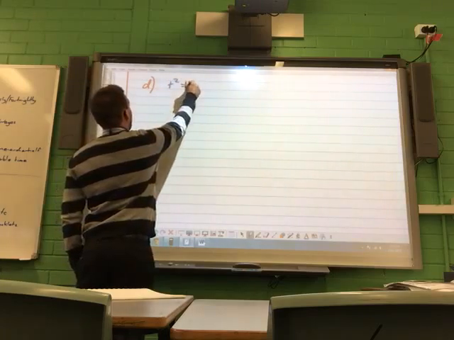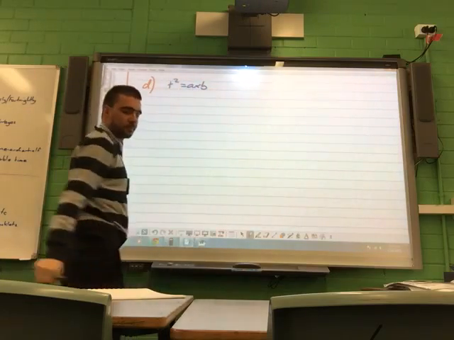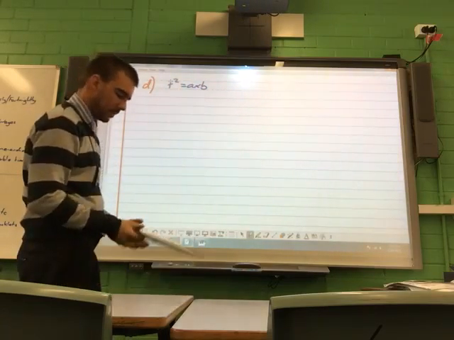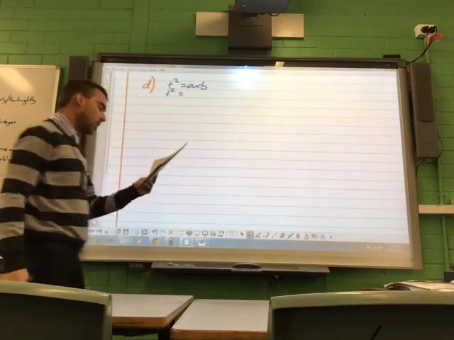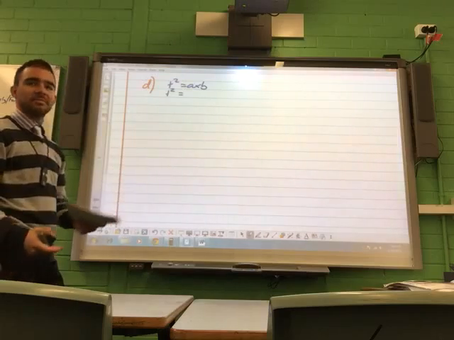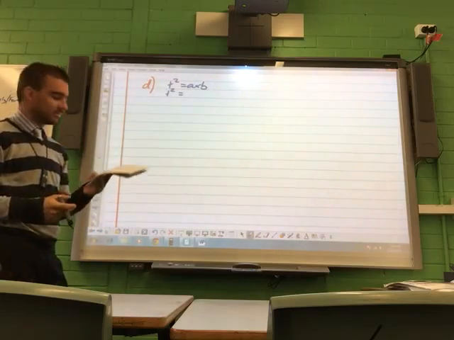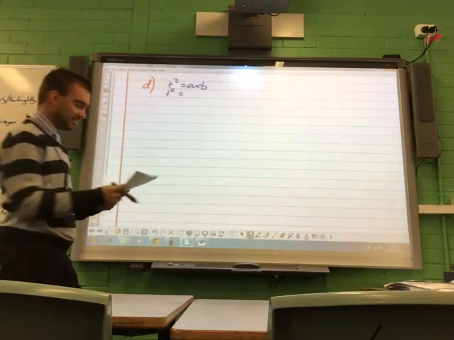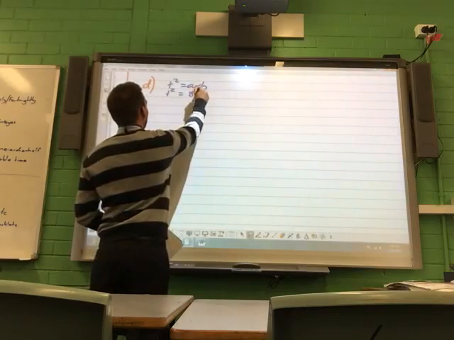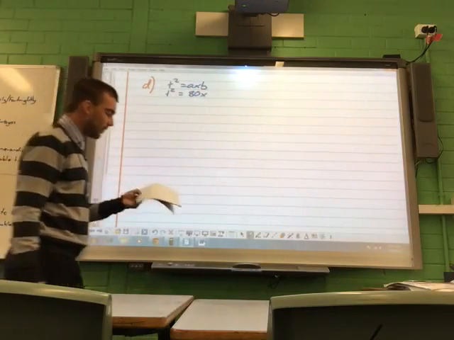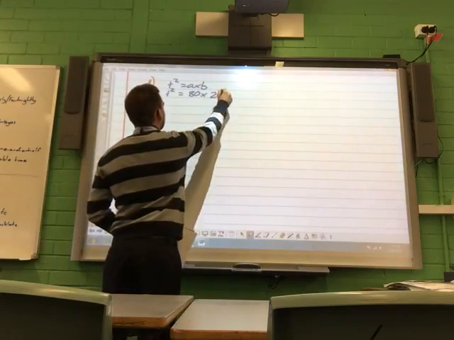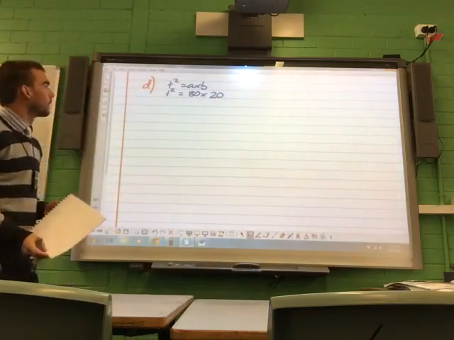T squared is A times B. We are finding the length of the tangent. How long is the secant? 80, the overall length of the secant, multiplied by the external point to the first point of contact of the circle. Okay?